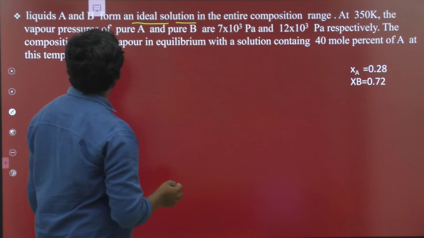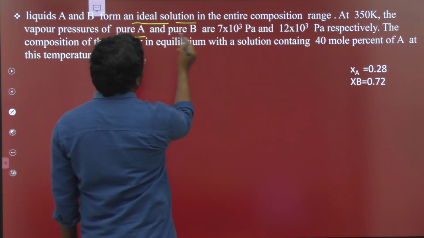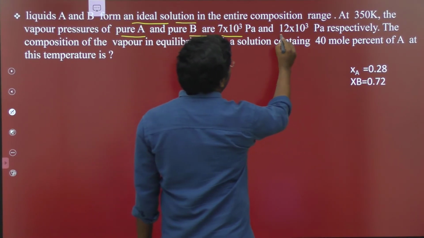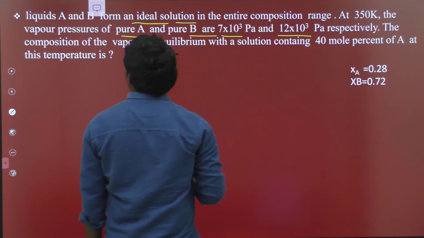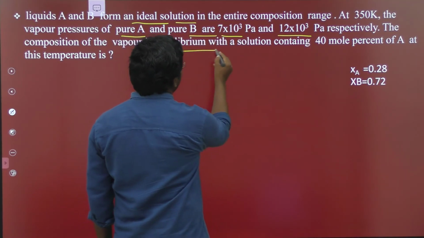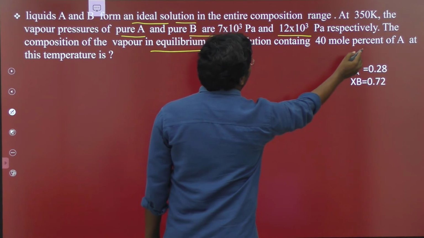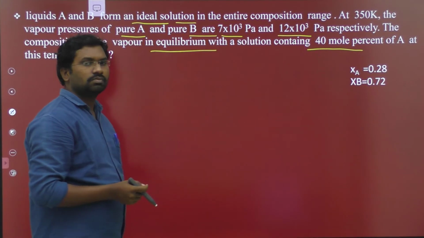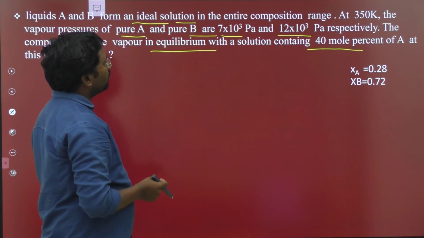At 350 K, the vapor pressure of pure A and pure B are 7 into 10 power 3 Pascal and 12 into 10 power 3 Pascal respectively. The composition of the vapor in equilibrium with a solution containing 40 mole percent of A at this temperature is. So this is the given question for you.